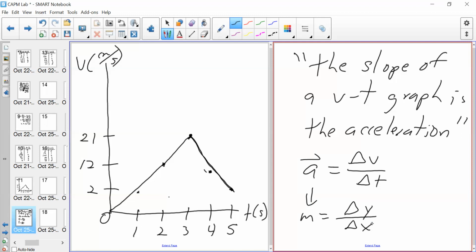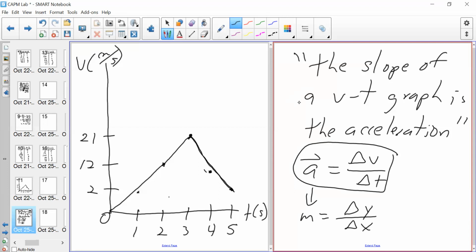In this case, acceleration is the slope of velocity versus time: change in Y over change in X, which we don't say change in Y over change in X, we say delta V over delta T, because we know that V is on the Y-axis and T is on the X-axis. This is a slope equation applied physically.